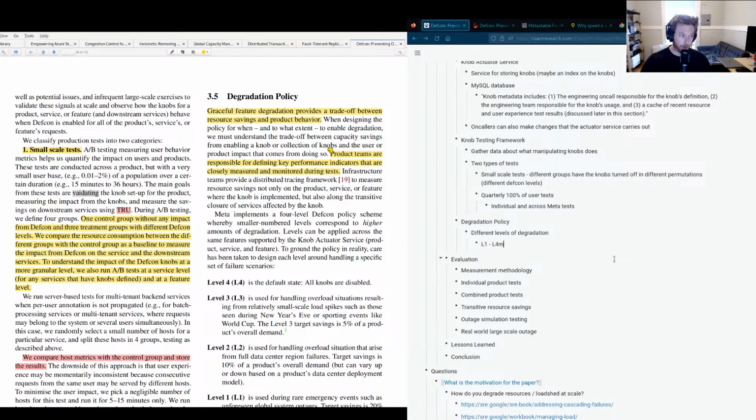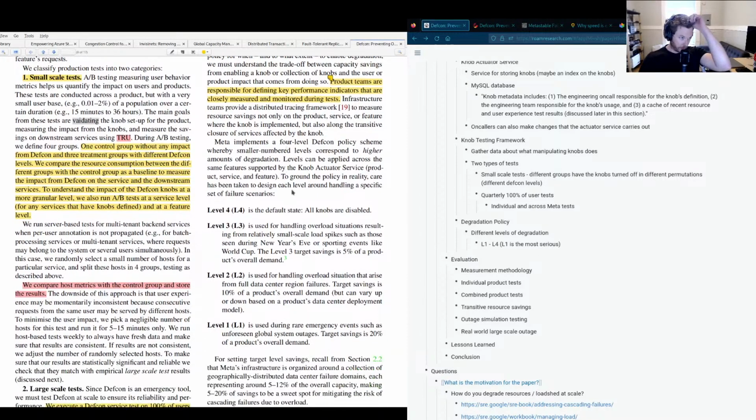L1 through L4. L1 is most serious. L3 is used for handling overload situations resulting from relatively small scale spikes.